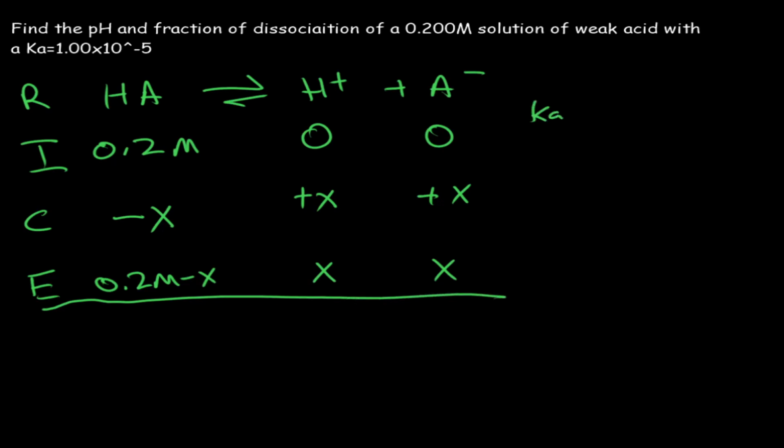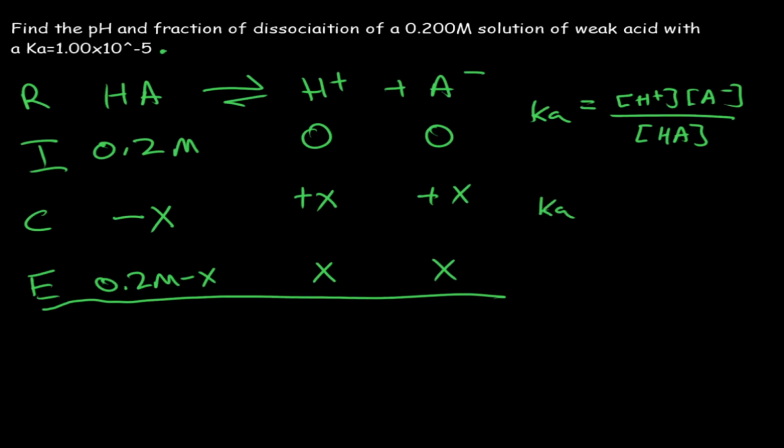We know that Ka is going to be equal to the concentration of your H plus multiplied by the concentration of your A minus, and the bottom would be the concentration of your HA. We're given our Ka from our question stem, and we know now the algebraic values for our equation.